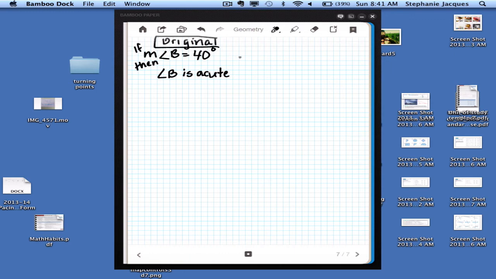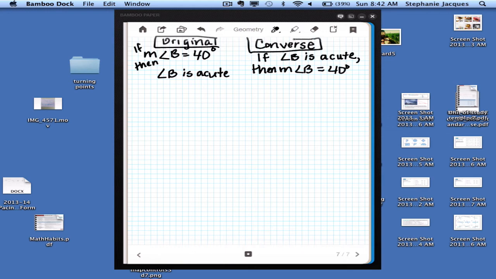Here's the original. Now I'm going to do the converse of that statement. So the converse of that statement is going to be if angle B is acute, then the measurement of angle B is equal to 40 degrees.